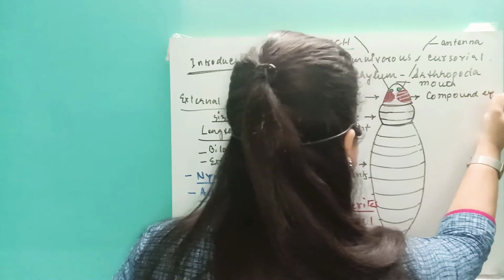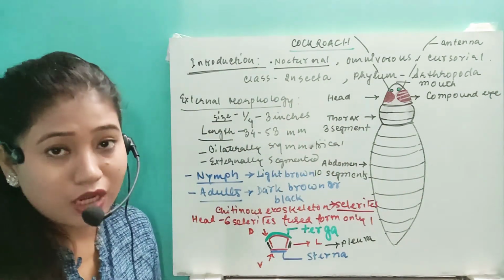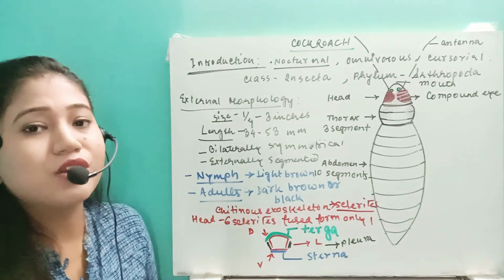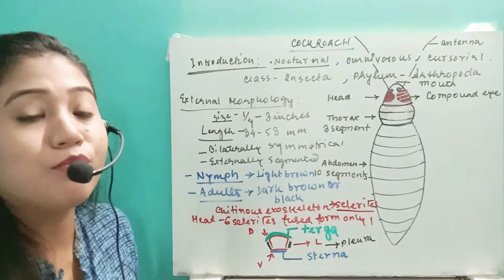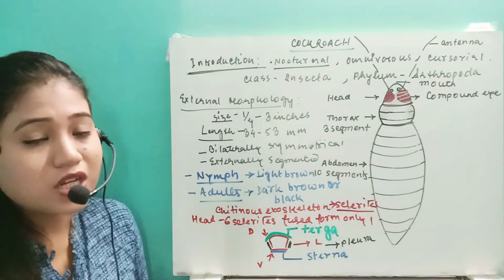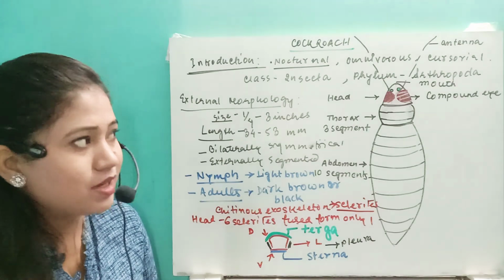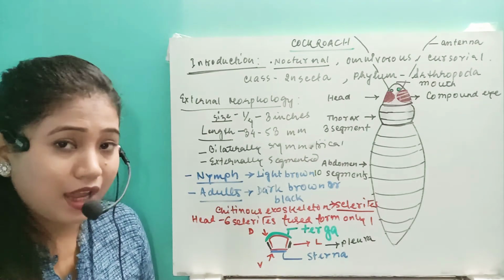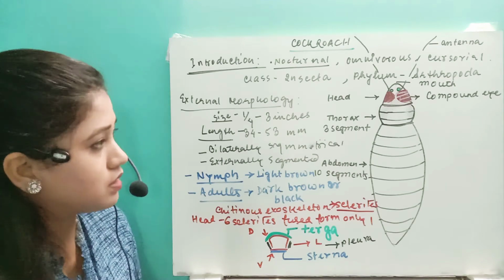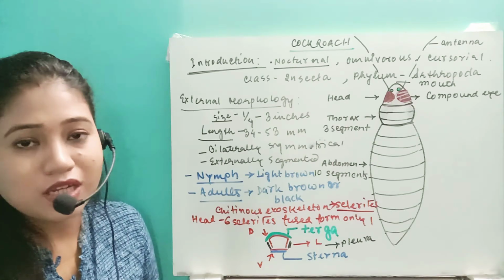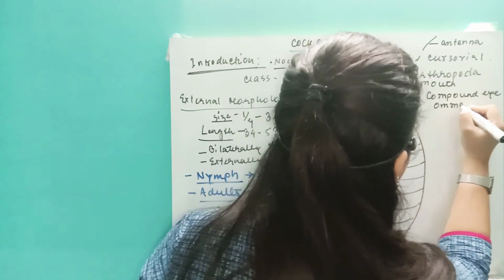The reason is, in each eye they have 2000 units or 2000 ommatidia, which helps this organism to have a mosaic vision. So the vision in them is mosaic vision. So they have the compound eye. Remember, this comes in the exam every time. This is very important. What are those units known as? These units are known as ommatidia.